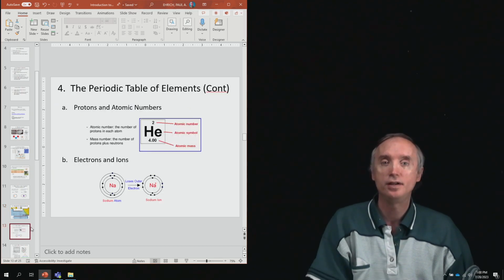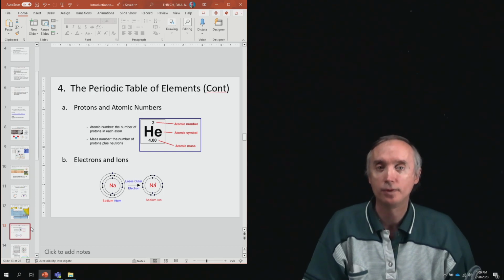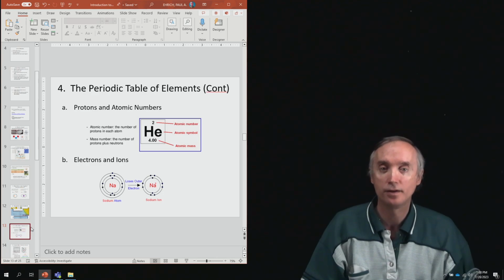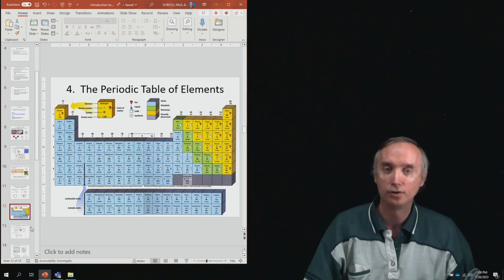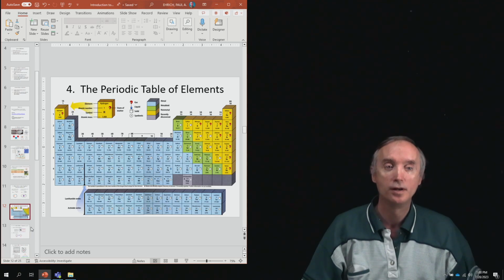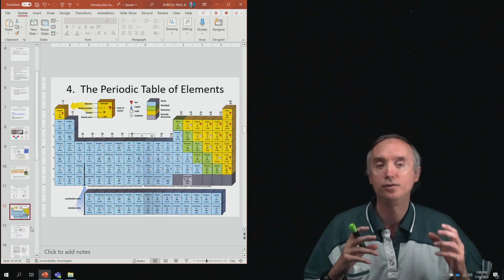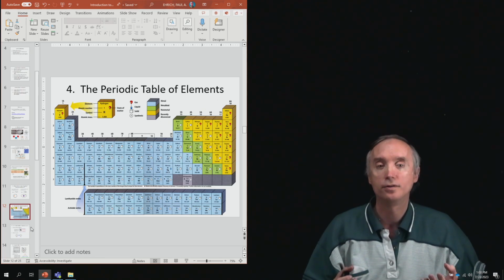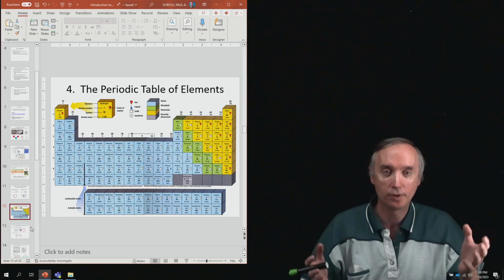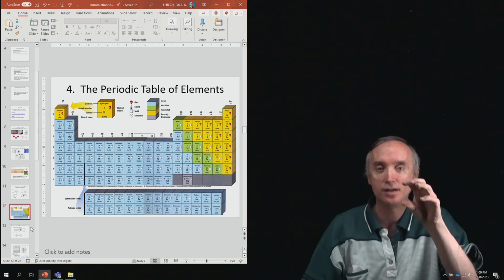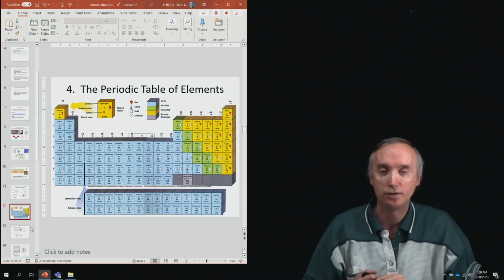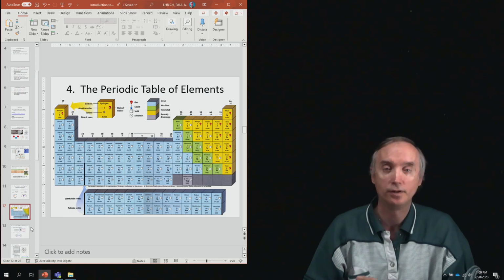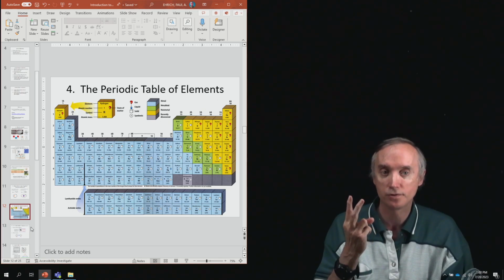All right, first you need to know about the atomic number and the number of protons inside of a particular element. So you will notice that if you look at this chart, and remember that you can download this off the internet, or you can blow up the picture so that you can see this in more detail, every element in the periodic table has two numbers.